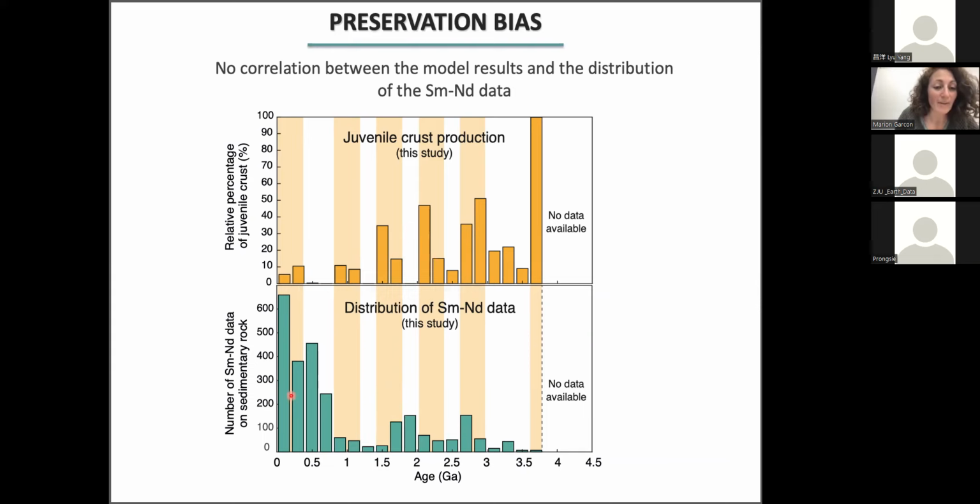So if I had the preservation bias because I had preserved more preferentially these or these terrains, then I should see, I think, a correlation between these 2 records, the juvenile crust production and the distribution of the initial data, and I'm not seeing it. So for me, this means that this preservation bias is not a possibility. So I don't think this happened.